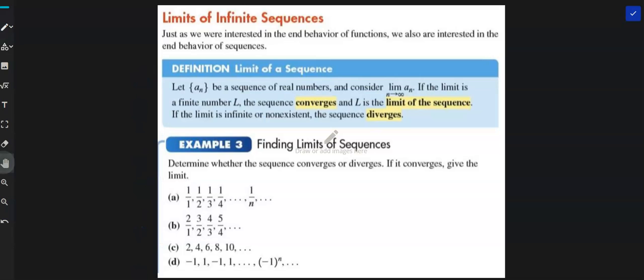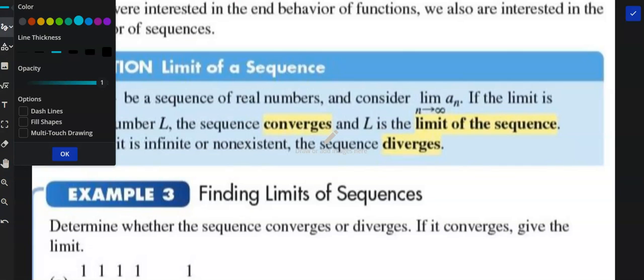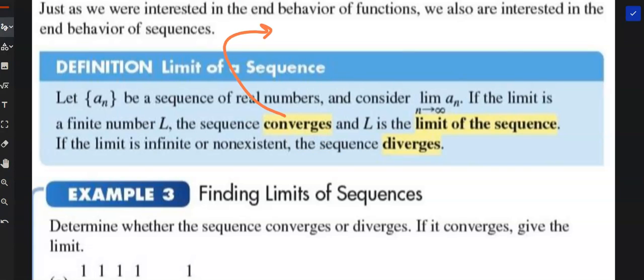We got 2 terms to understand here, converge and diverge. The word converge means to get close to one single number.